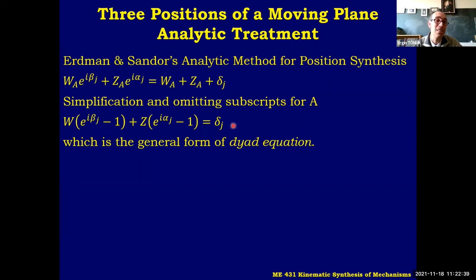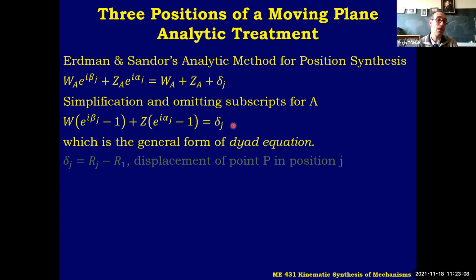We will see that it's not possible to make J 2, 3, 4, 5, 6 because we will have more equations than the available number of unknowns so that we can't solve it. But this derivation is very important, and actually it will form the basis of our continuing analytic discussion. We will also continue to see the graphical positions.